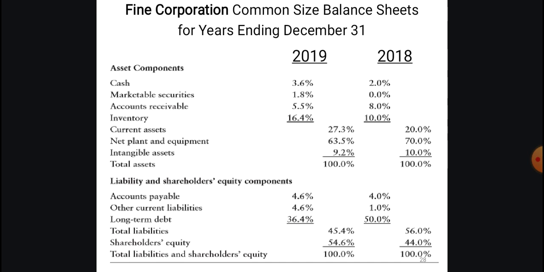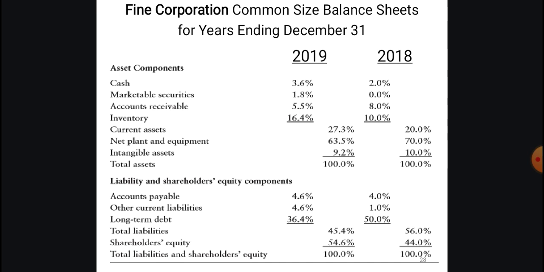Inventory was 8% in 2018 and now it is 5.5% in 2019 and so forth. So total current assets are 20% in 2018 and 27.3% in 2019, and net plants and equipment is 70% in 2018 and 63.5% in 2019.